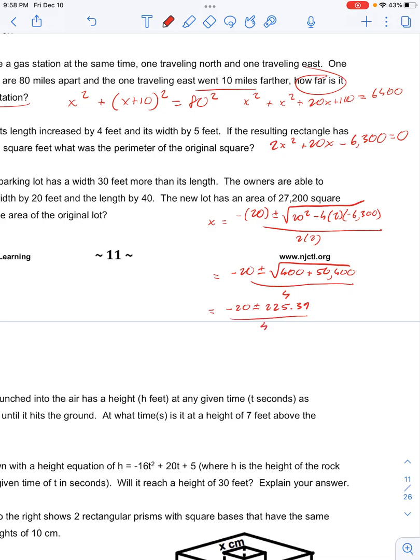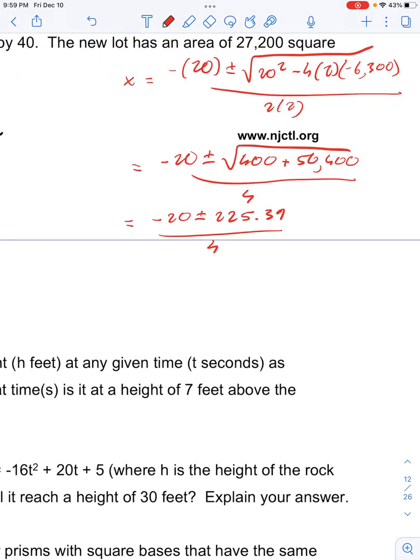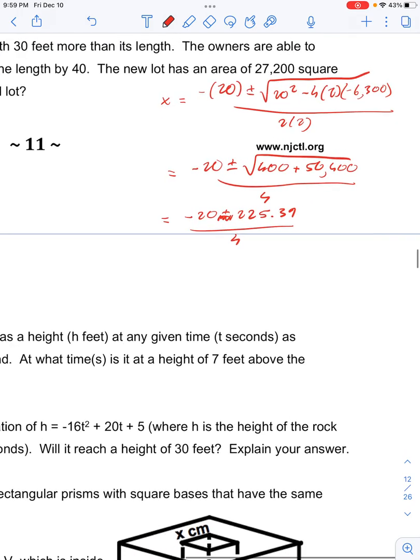And notice if we're trying to find travel distance, right? Distance cannot be negative. So we can rule out this negative possibility and only look at the positive.